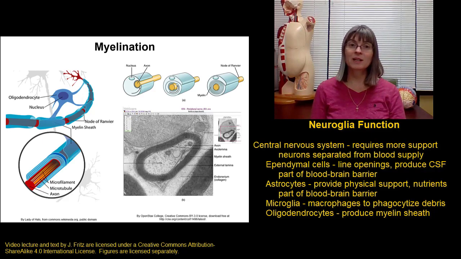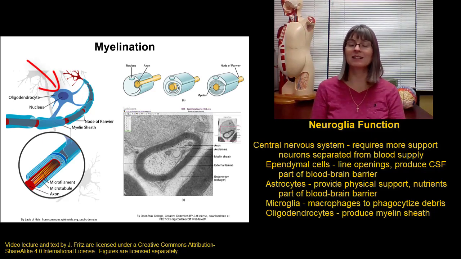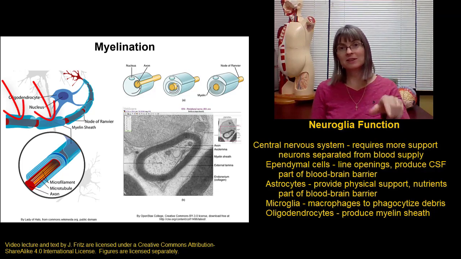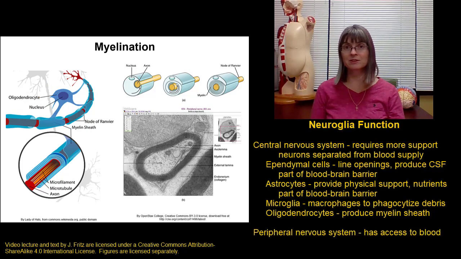Here's another figure showing an oligodendrocyte and the extensions that are wrapping around an axon in the central nervous system to provide the myelin sheath. So you can see where the myelin layers are, and you can see the nodes of Ranvier that allow for the saltatory conduction.